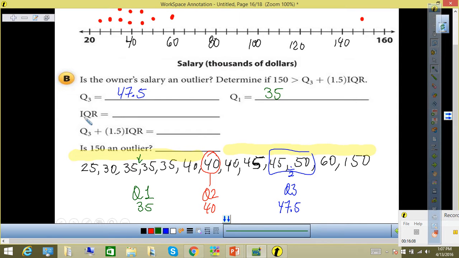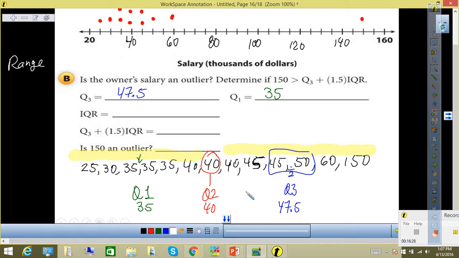Before we do IQR, let me show you really quick in a way that it's going to be easy to follow along. Pens down, look to the screen. Let's say we have this data here, and I asked you to find me the range. I'll take a volunteer to tell me how to find the range of this data set.